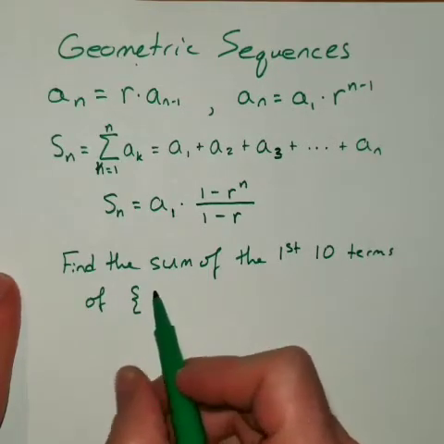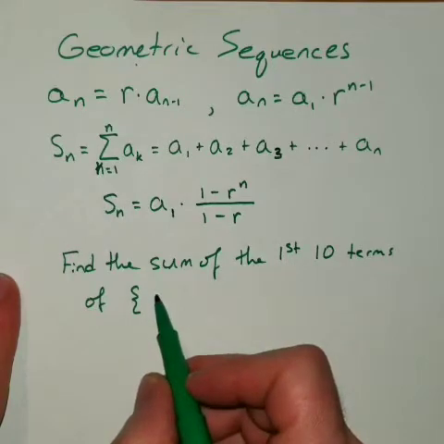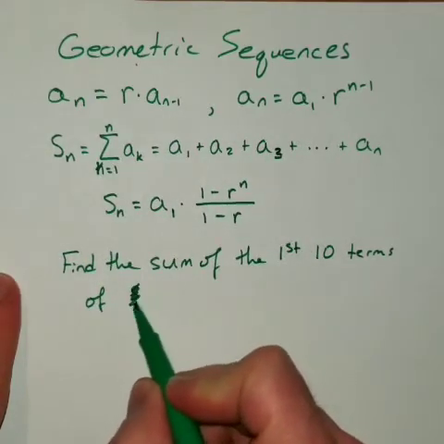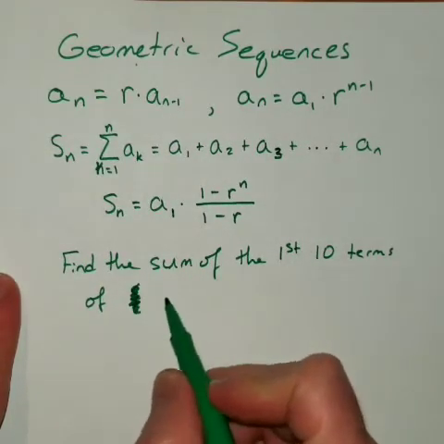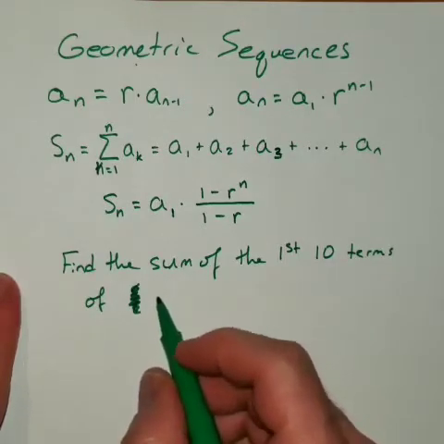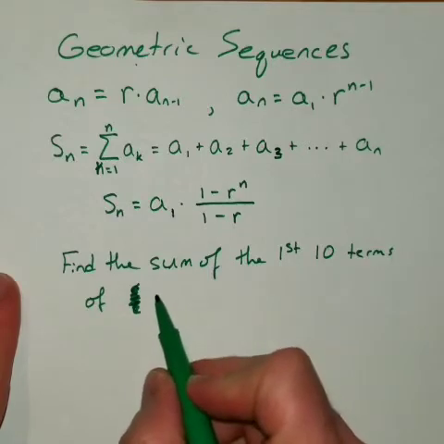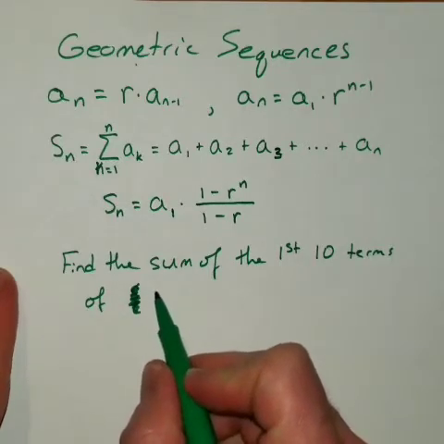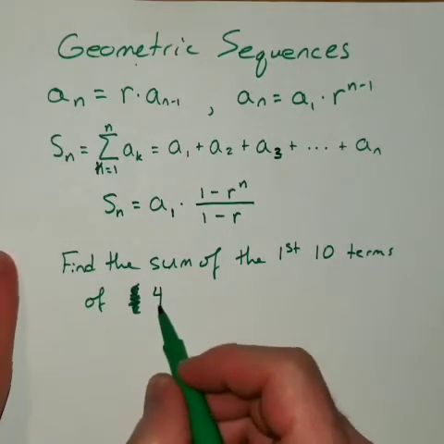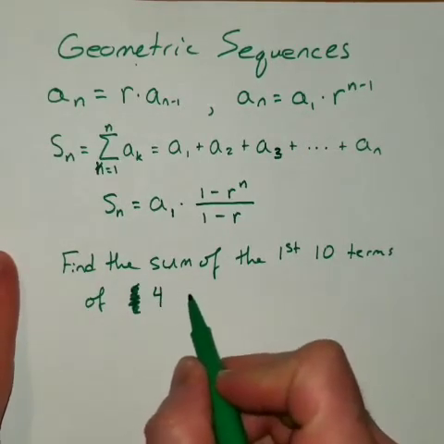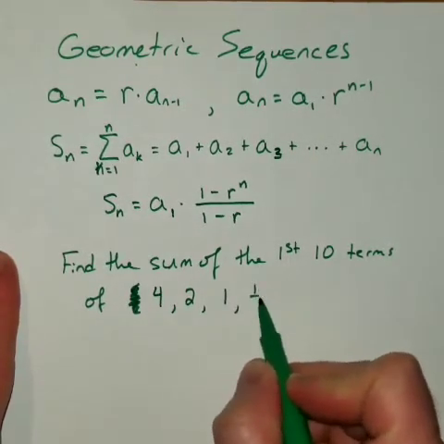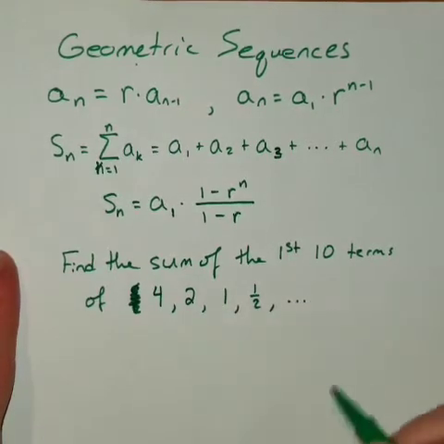Actually, let's define it recursively. I'll just start listing out some of these. I'm trying to make this up as I go. Let's start with the number 4, and then let's cut it in half. So 4, then 2, then 1, then 1/2, and so on.